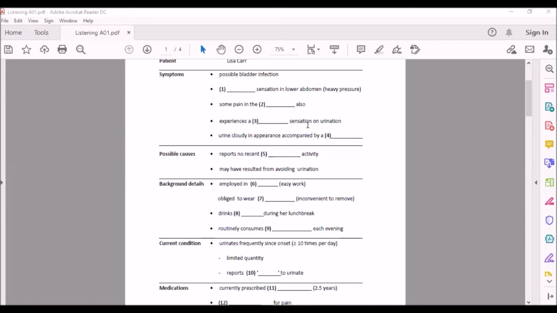What type of sensation could you get on urination? Let's try and brainstorm some words. What type of sensation might you have on urination? Yeah, maybe burning. See, pain could be okay, but we're looking for an adjective, not pain.